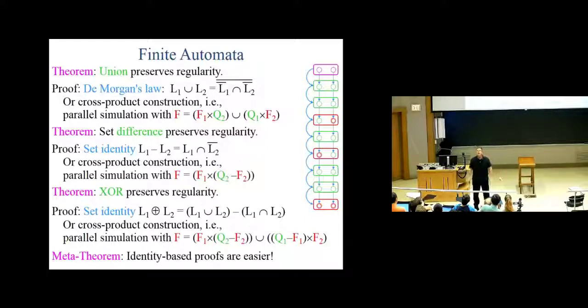How do you get the difference? This simulator accepts all strings that the first accepts but the second doesn't. So when you reach the double final state, it will not be an accepting state in the crossed machine. You have to be accepting in the first, but not in the second. That's what the difference is.